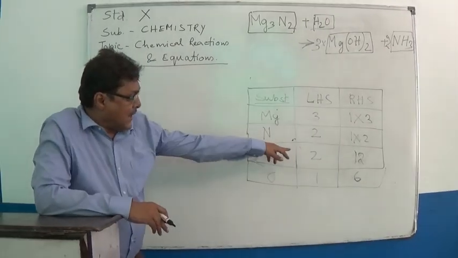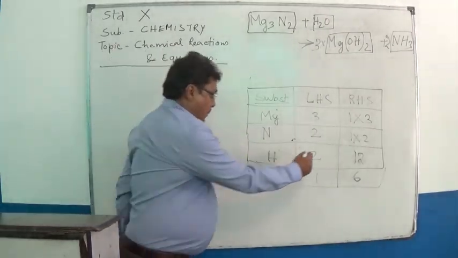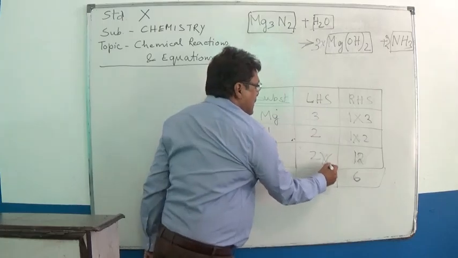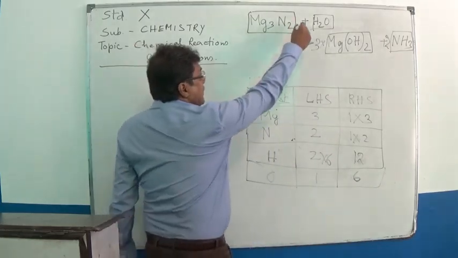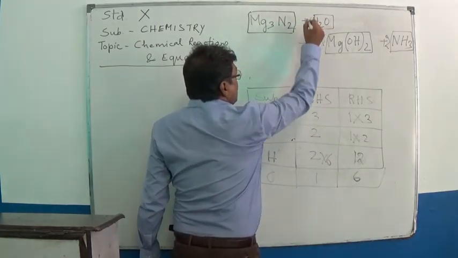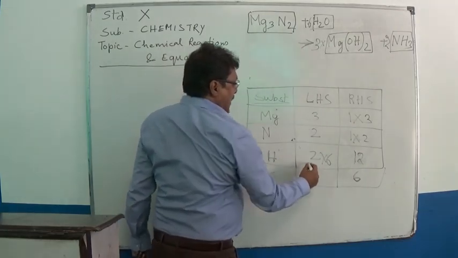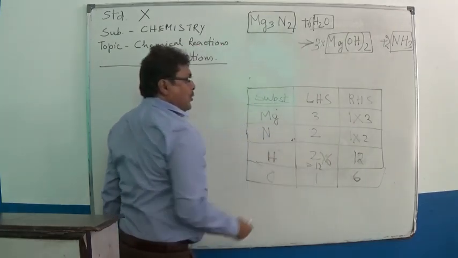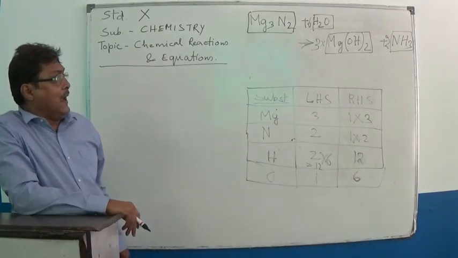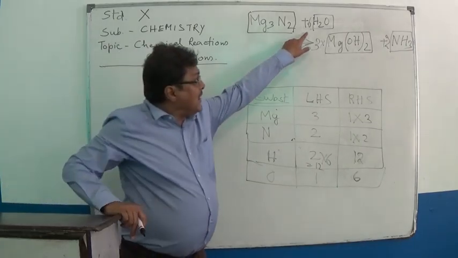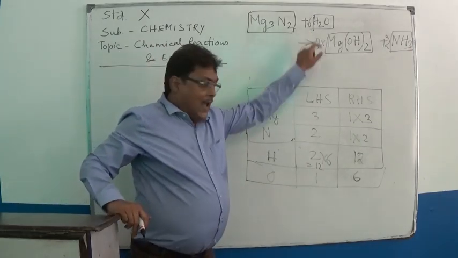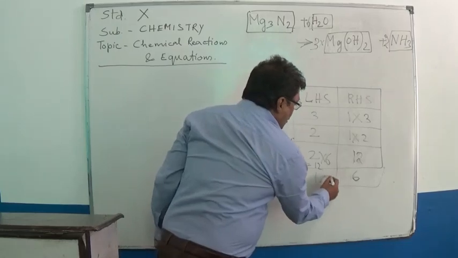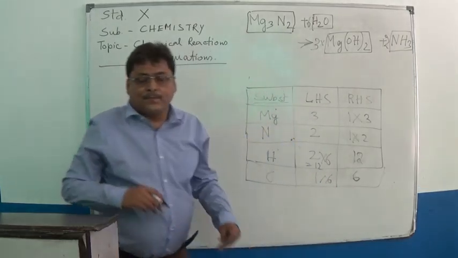Now let us balance the hydrogen by multiplying H2O with 6. So we must change the coefficient to 6. Now there are 12 atoms of hydrogen on the left side. It is balanced. And what we see, when we change the coefficient to 6, actually the oxygen is also balanced.